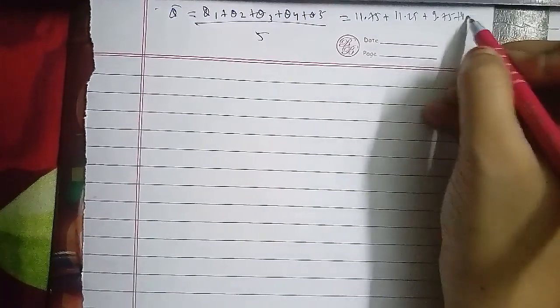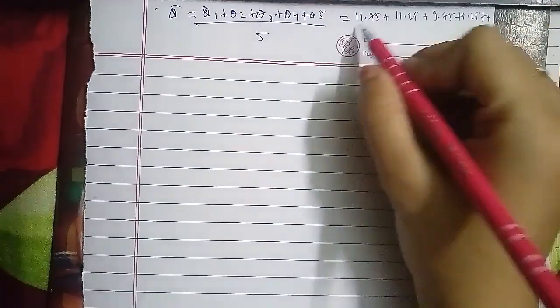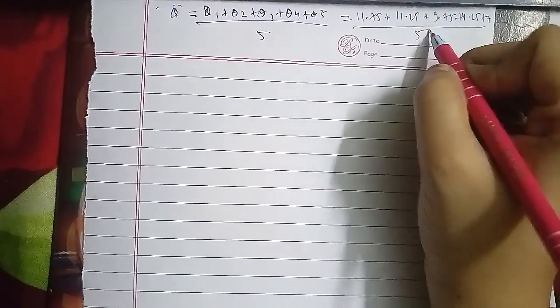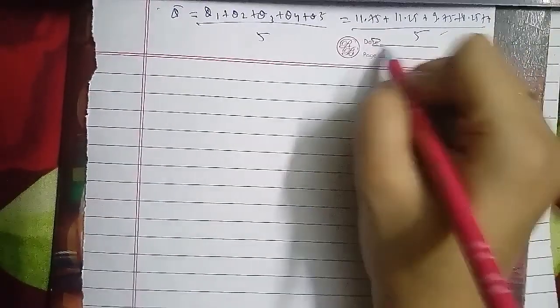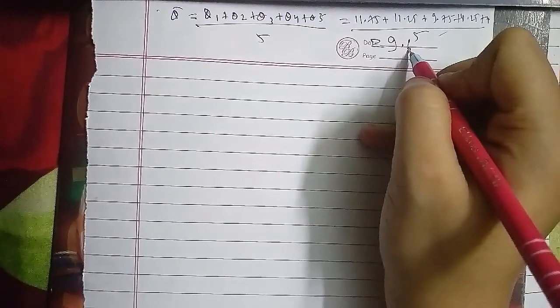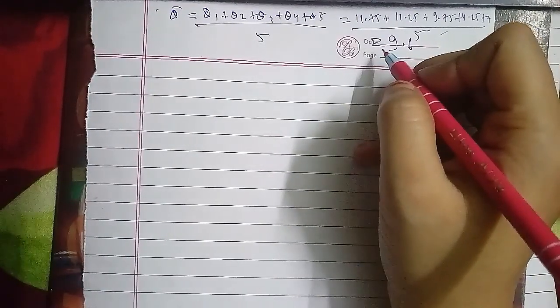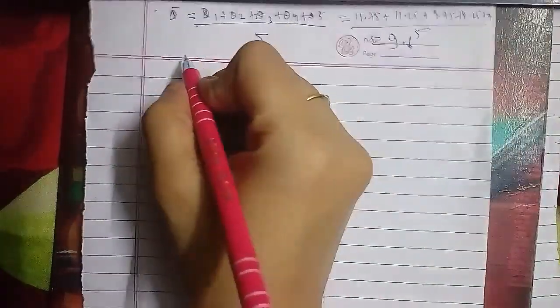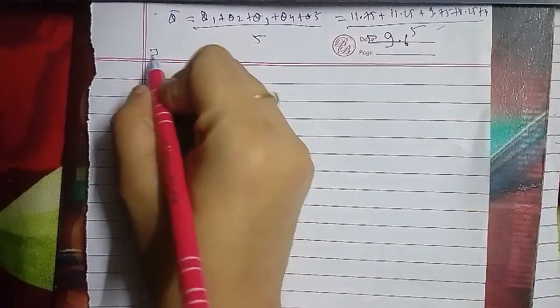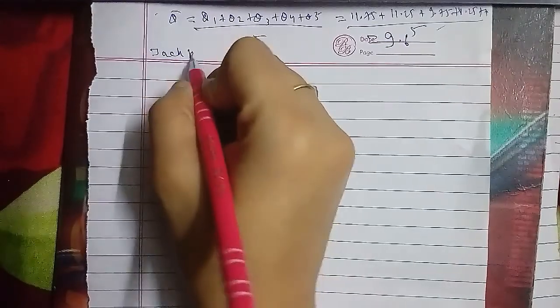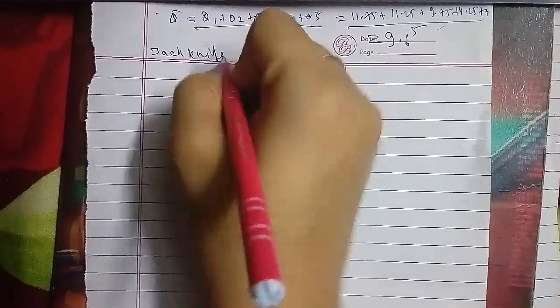And the other one is the standard deviation. We'll have to find it out, so let's go ahead with that one. Standard deviation, which we'll get here, is the square root of sigma (x minus x bar) square upon n.